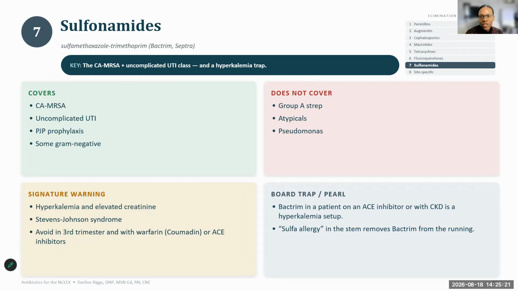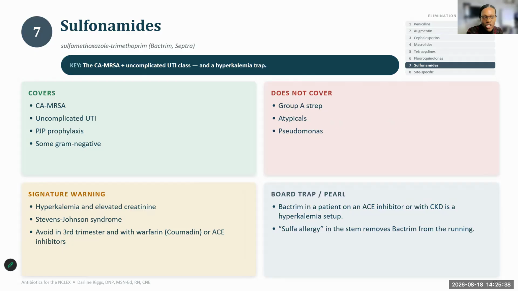I want to know what the electrolytes are doing on this drug, making sure there's not another drug holding on to their potassium, because they're at risk of hyperkalemia with this, or what their last creatinine level was. All of that needs to be taken into consideration.